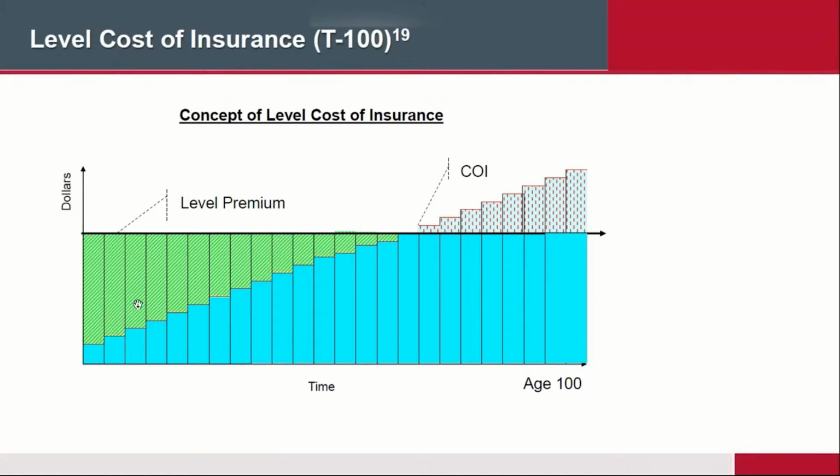However, if you look at the light green part versus the bluish part at the bottom, you'll notice that in the first year, you're really paying a much, much higher premium than you really should be paying. In the second year, you're paying a little bit less, and so on and so forth. So what you're really doing with that green part is sending money ahead of yourself so that at the later dates, let's say when you're in your 50s and 60s, where the premium really could be quite substantially higher, the insurance company has a reserve of money because you've sent money ahead of yourself.